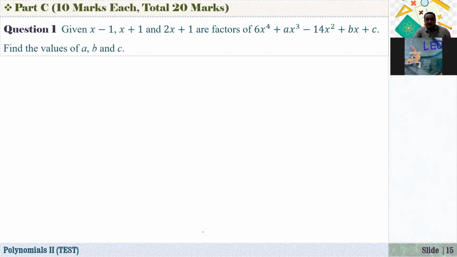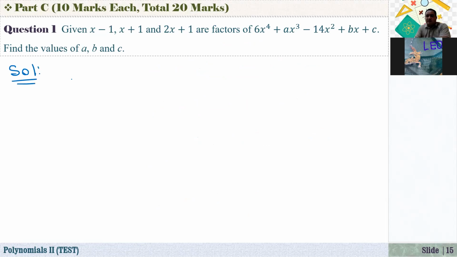Okay, now here we have part C. We have 2 questions here. It says 10 marks each, total 20 marks. Given x minus 1, x plus 1, and 2x plus 1 are factors of 6x to the power of 4 plus ax cubed minus 14x squared plus bx plus c, find the values of a, b, and c. So again, we're going to use similar methods.